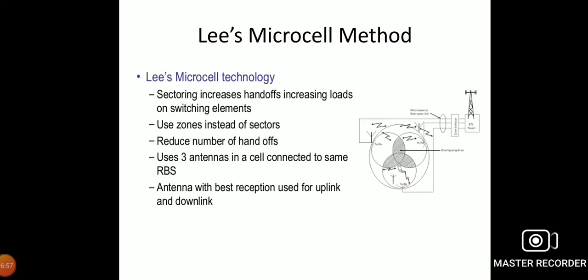For example, we can see the structure of the microzone concept. There are 3 zones, zone 1 to 3, each with a transmitter and a receiver setup, but they are connected to a single base station so that they share the same equipment.